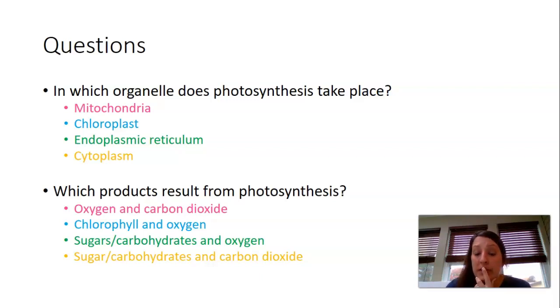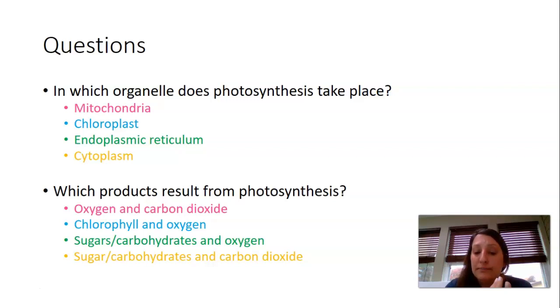And hopefully you answered green. Yep, so glucose, which is a sugar or carbohydrate, a monosaccharide, is definitely a product of photosynthesis. That's a long-term energy storage molecule. That's the most important end product of photosynthesis. This is how plants are going to store energy. And then oxygen, yes, oxygen is a byproduct of photosynthesis.